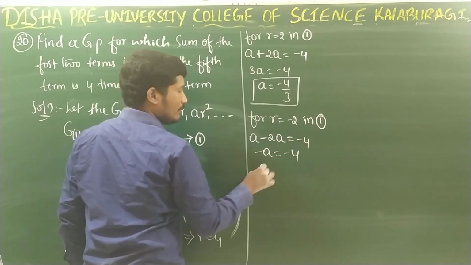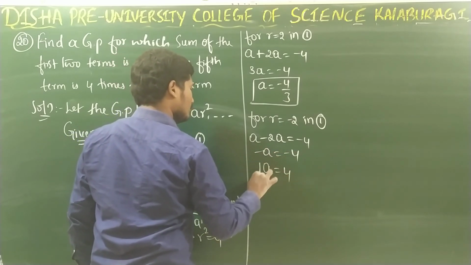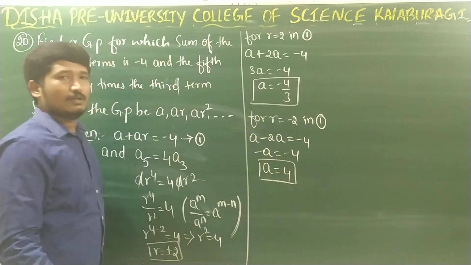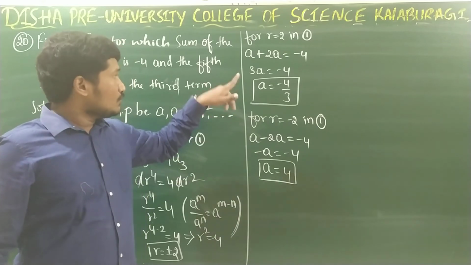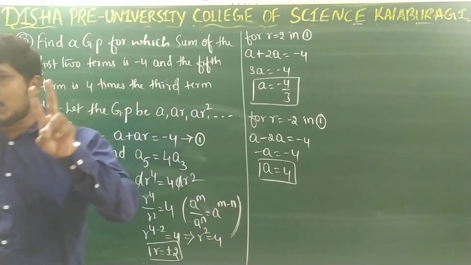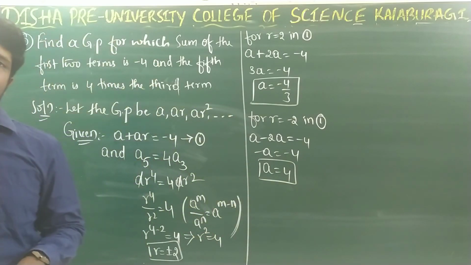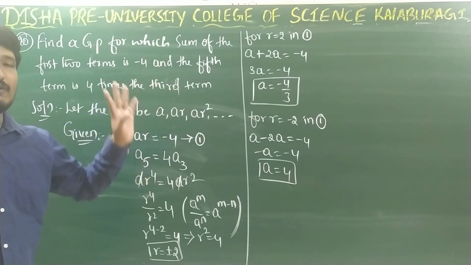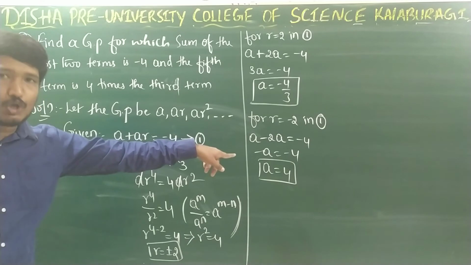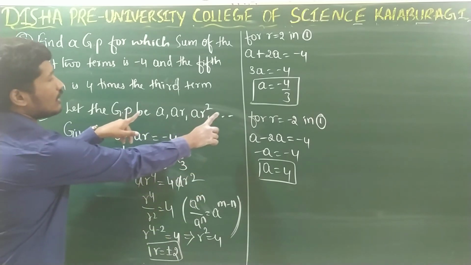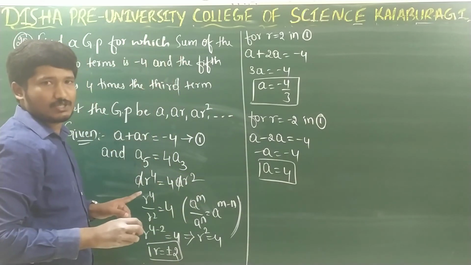Minus minus will be plus, so a is equal to 4. So for r is equal to minus 2, you will get a is equal to 4. So here I have 2 different values for the first term as well as 2 different values for the common ratio. According to those values, let us see what our geometric progression will be.